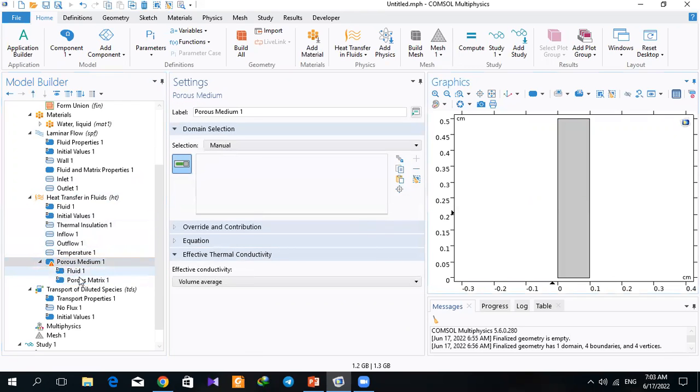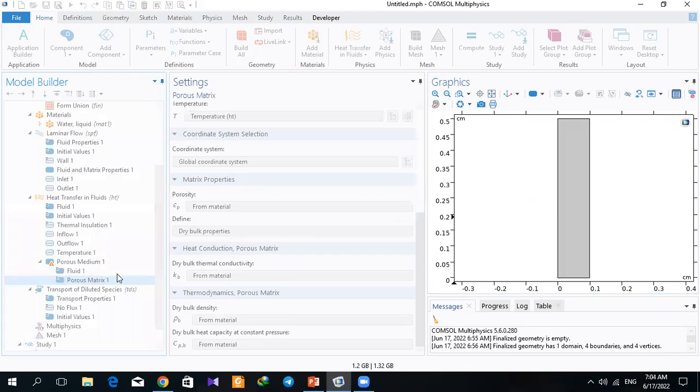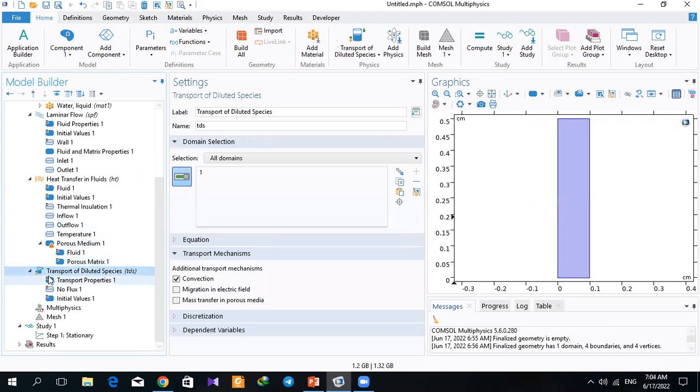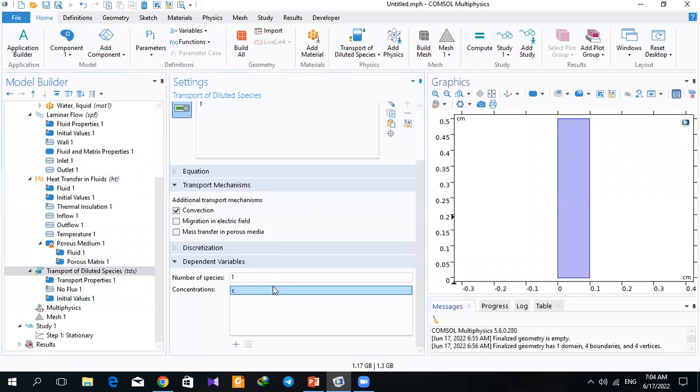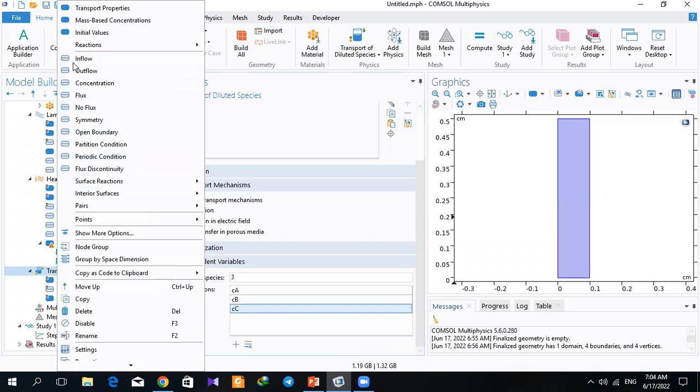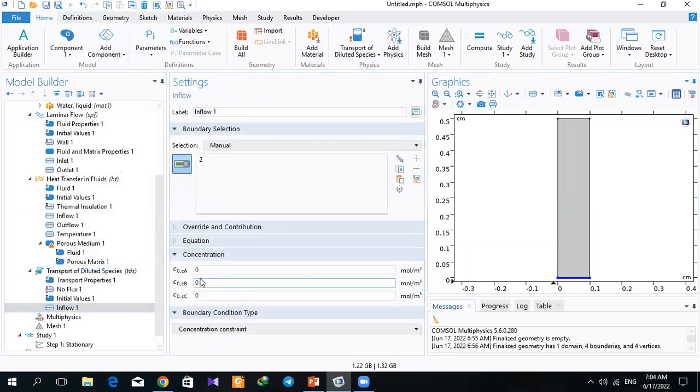So, okay, let's just deactivate that, since we need to add some more data. For the case of mass transfer, you can define first your components. You may have a reaction here. Let's say A plus B gives us C. So I add 3 components like A, B, C. And in the inlet of the reactor, you can define your concentration.